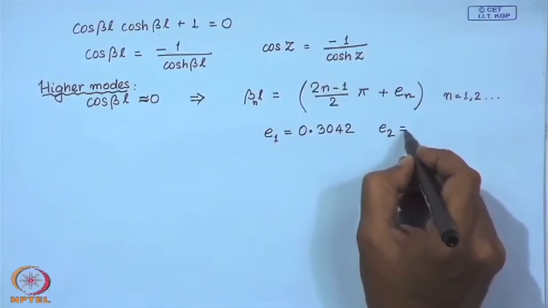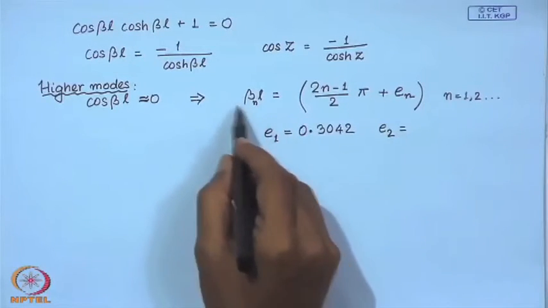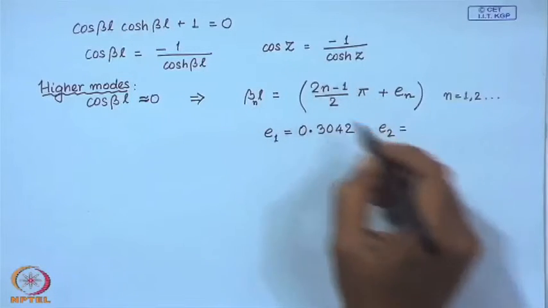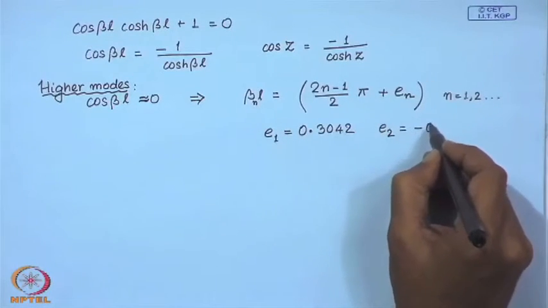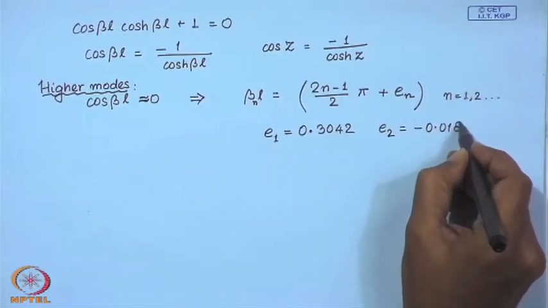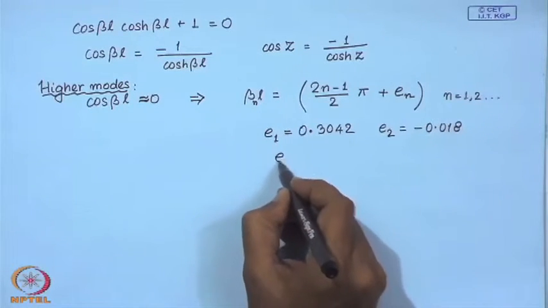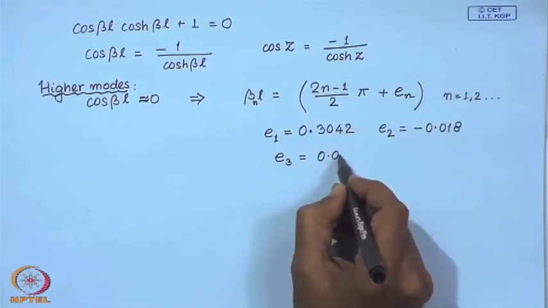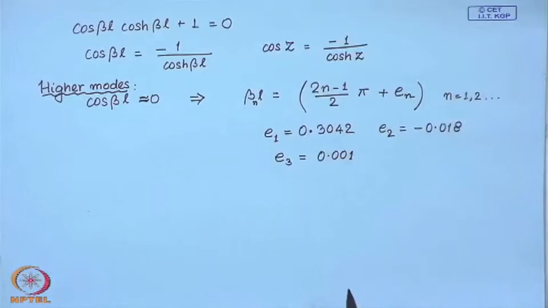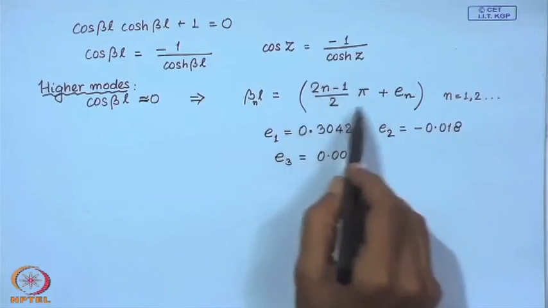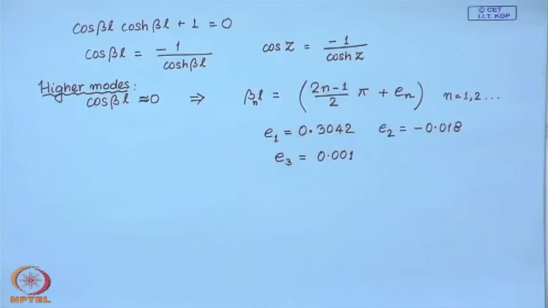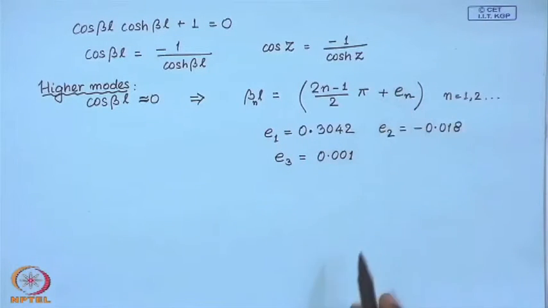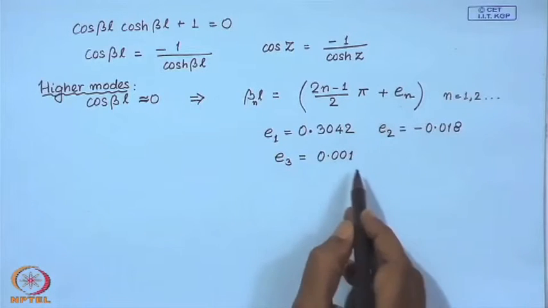If you calculate for the second mode, so beta 2 L, then it deviates from this value. If you calculate for the third mode, then it deviates from this value by this amount. So, as you can see, this E n, the correction, is rapidly diminishing.